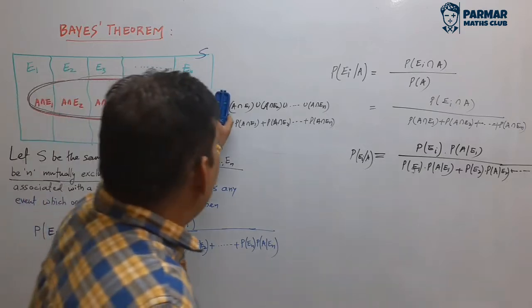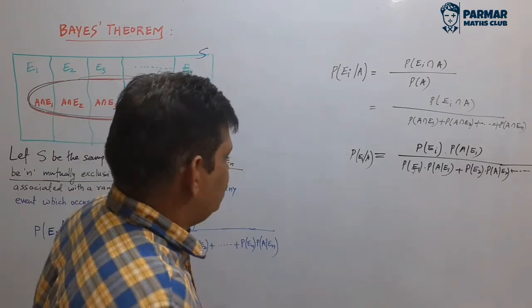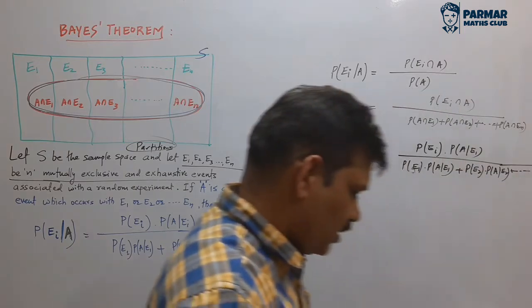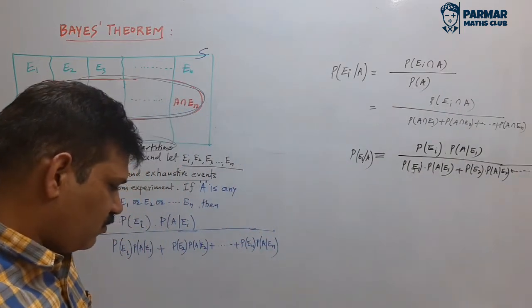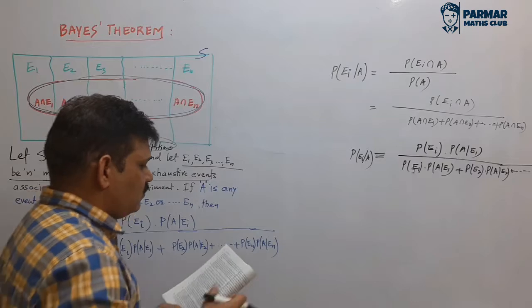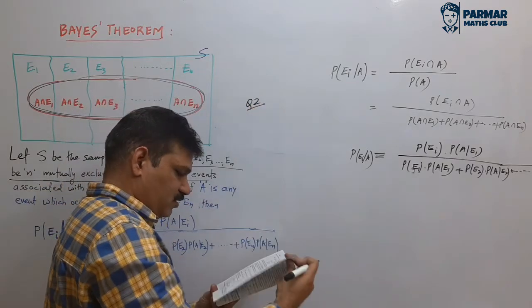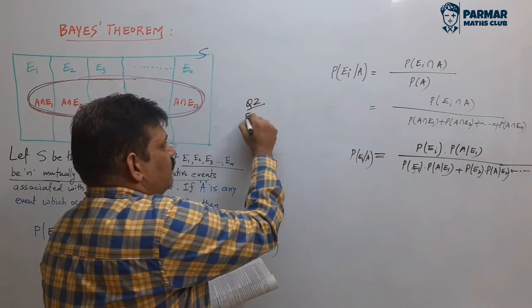Let's take an example. Suppose we have two bags. Let's take a question from the NCERT textbook, question number 2 on page 556, question 2 of exercise 13.3.